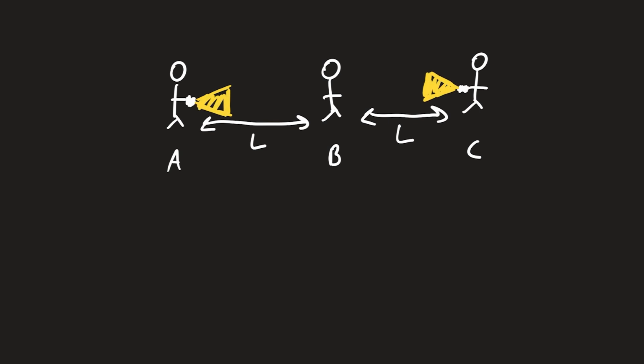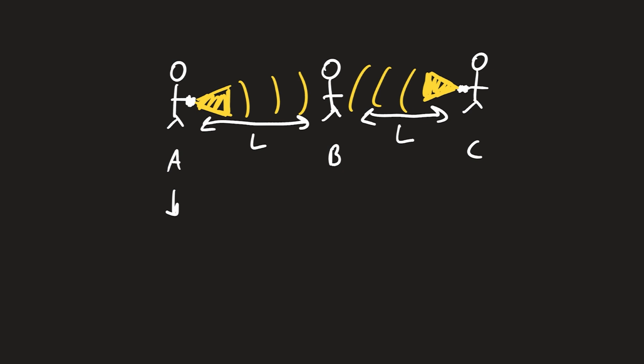Now Bob has to have just inhumane reaction time here, but he's going to test whether both of those beams arrive at him at the exact same time. If this is the case, we are guaranteed that Alice and Charlie have perfectly synchronized watches.